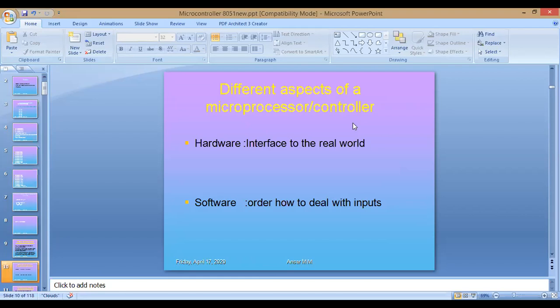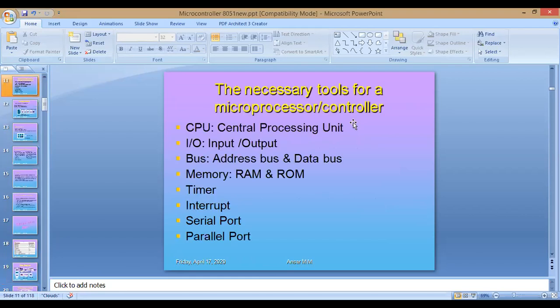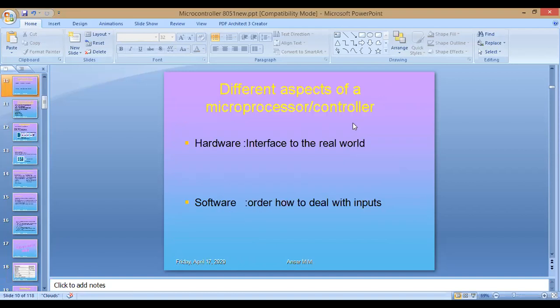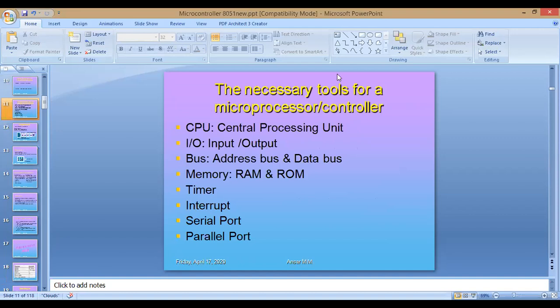Later we will discuss the real-world interfacing devices that you have to interface with this hardware. So today this topic will wind up and we start our next topic in the next video lecture.